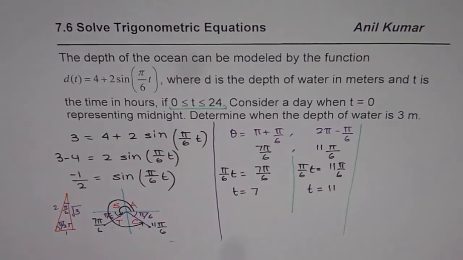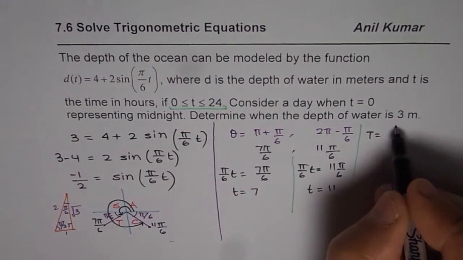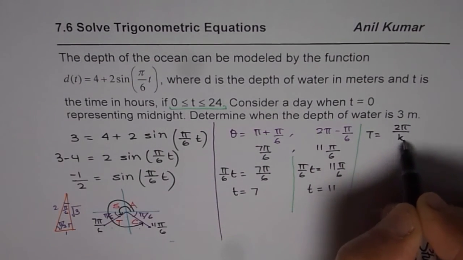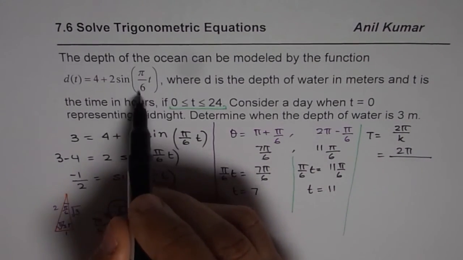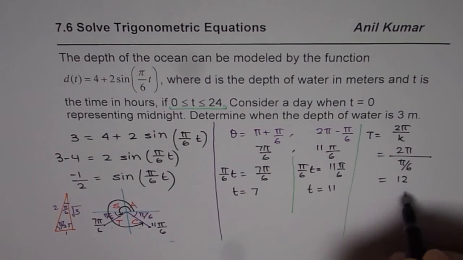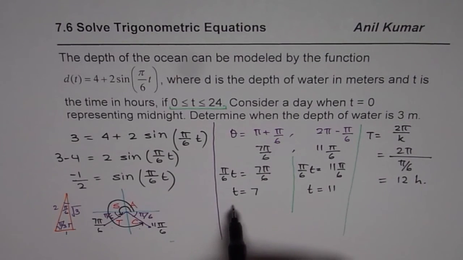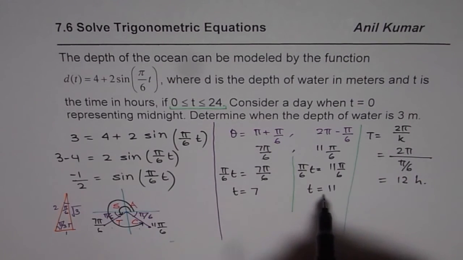Let me show you that part also, right? Time period for this equation is 2 pi by the k value, which is 2 pi divided by pi by 6. So pi cancels, we get 12. So it is 12 hours. It is going to repeat after every 12 hours, right? So these are two possible solutions.